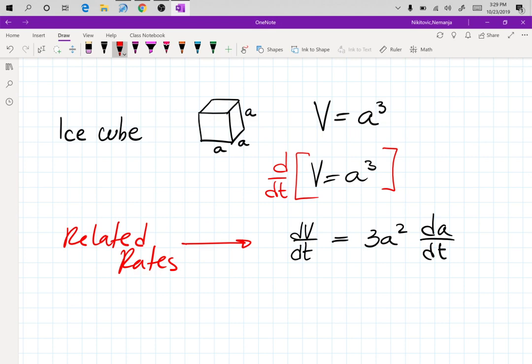So we have two rates, and they are related through this equation, with 3a squared.